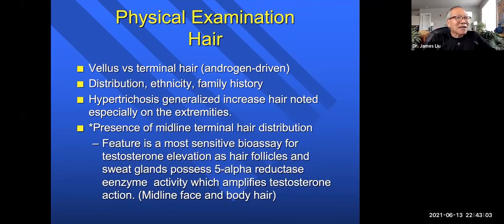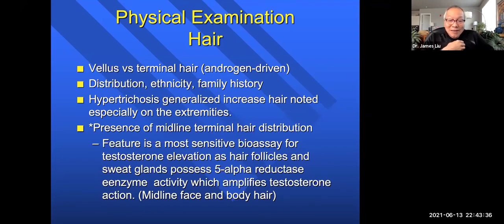And I think the key takeaway message from this is that the presence of midline terminal hair is the most sensitive bioassay for testosterone elevation. And so this is really an amplification of testosterone bioassay, as the hair follicles and sweat glands in the midline in both males and females possess 5-alpha reductase enzyme activity.